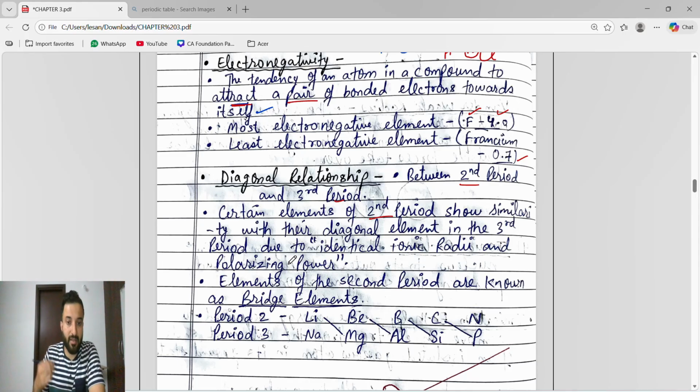Many times in the examination they can ask the reason. It is due to identical ionic radii and polarizing power. This is important.